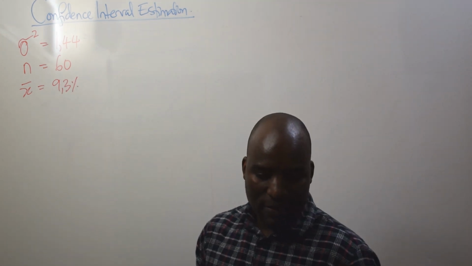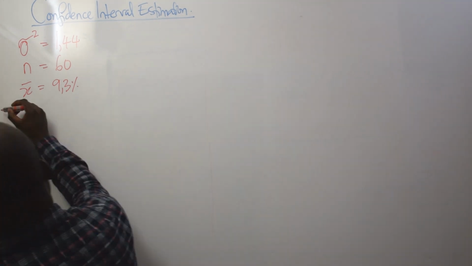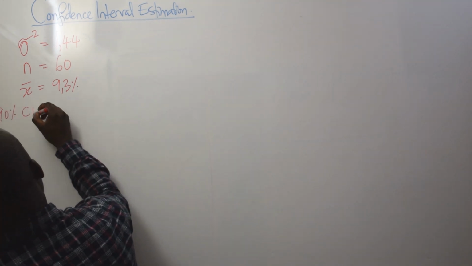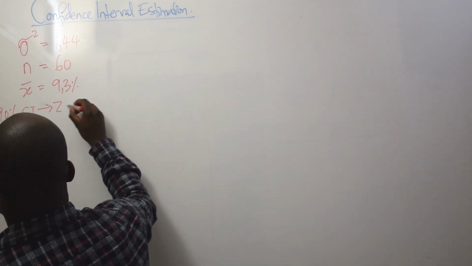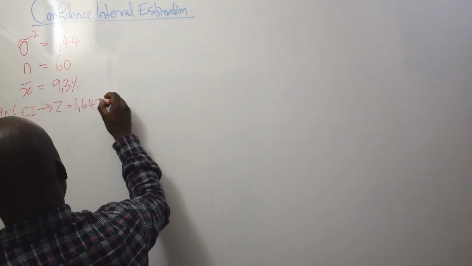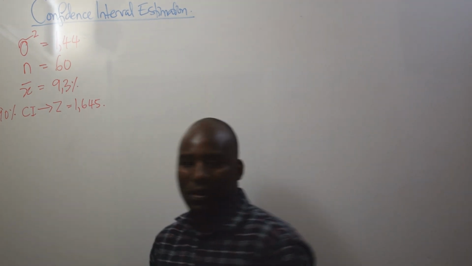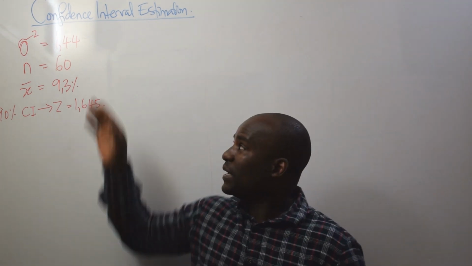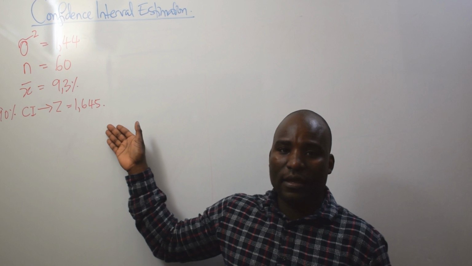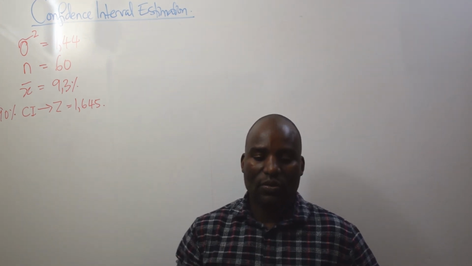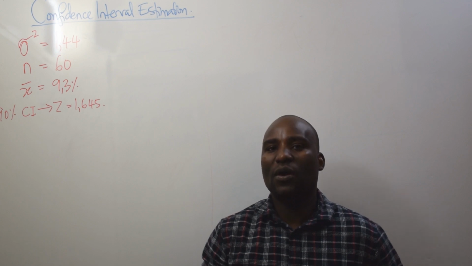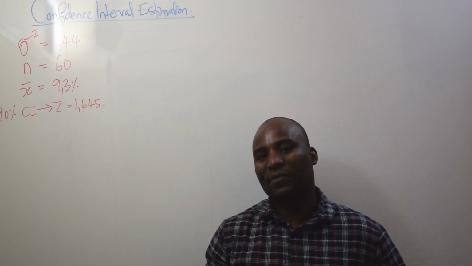And then we're given the 90% confidence interval, which equates to a z value of 1.645. So when you look at the information that you're given here, it actually speaks a lot to the kind of question that you're answering. So you are answering what we would call a quantitative kind of question.